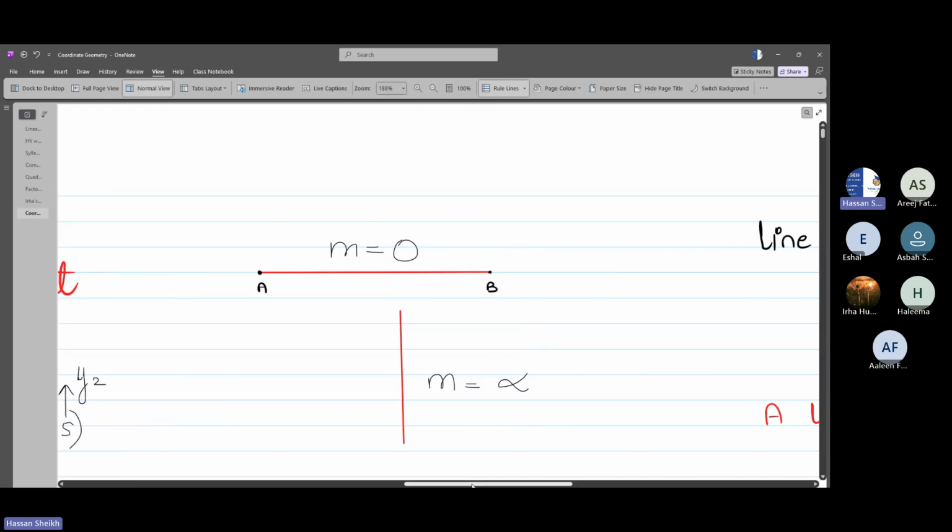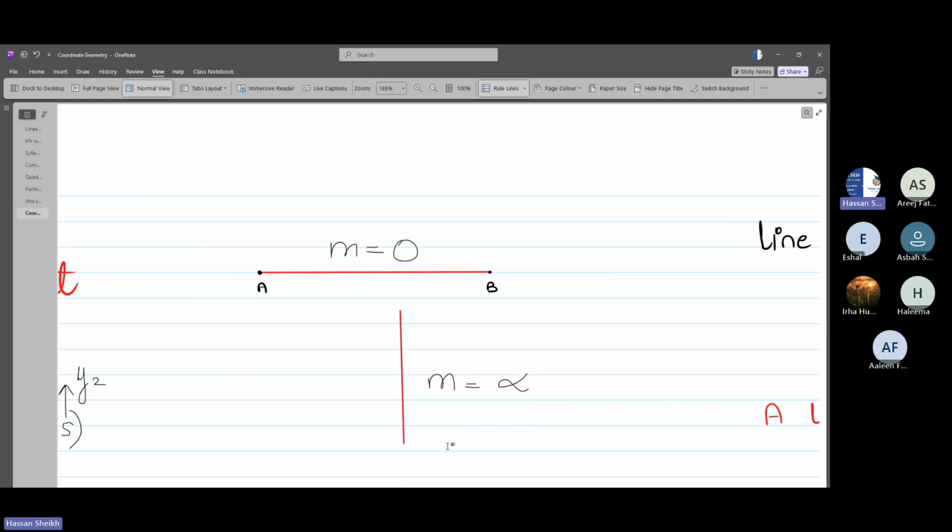Slope also means gradient or steepness; whether you call it steepness, gradient or slope, they all mean the same. It means how much one end of the line is higher than the other end.